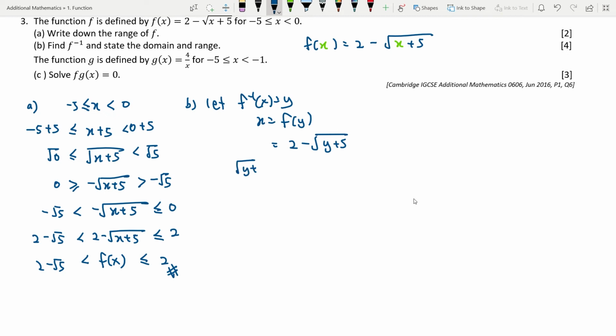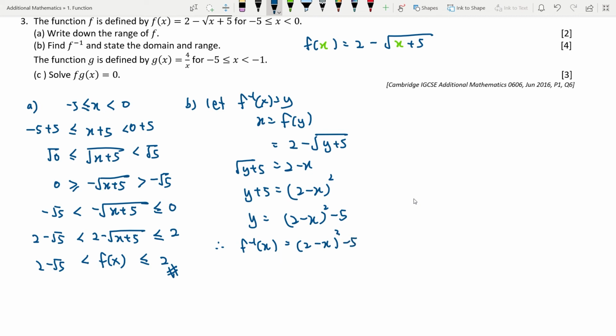Square root y plus 5 equal to 2 minus x. Square both sides, and then minus 5.